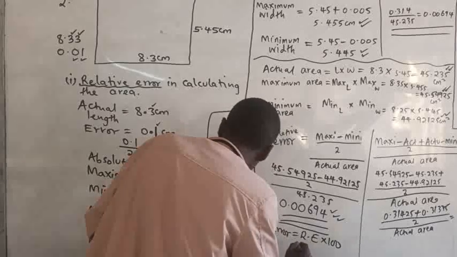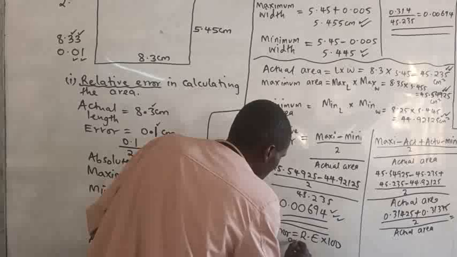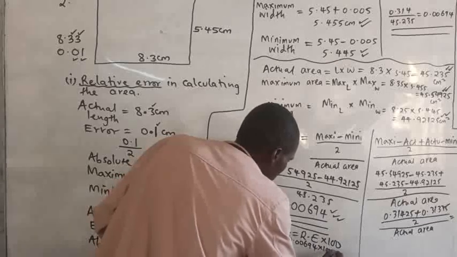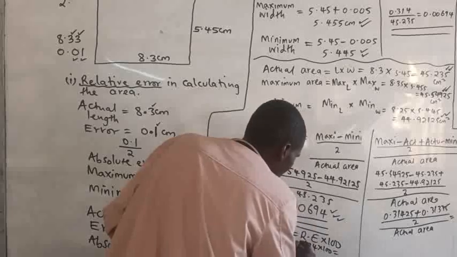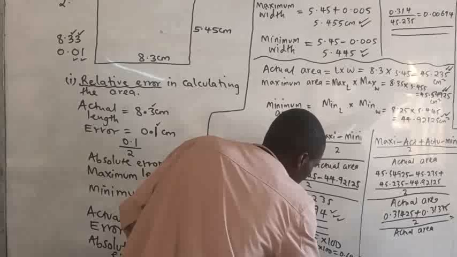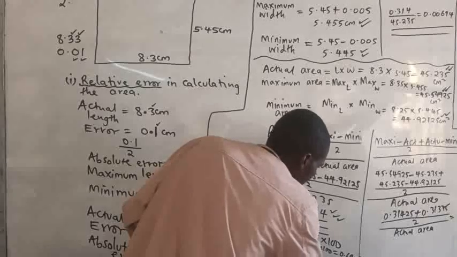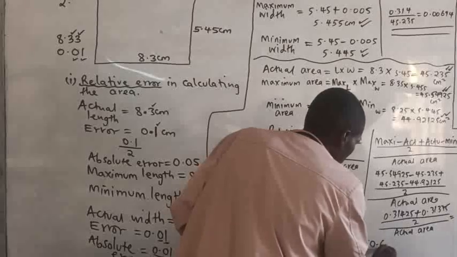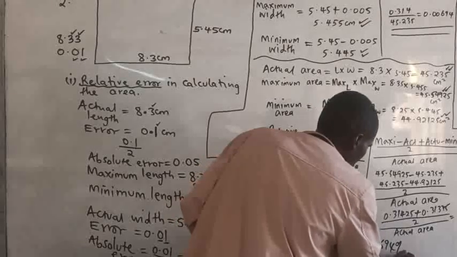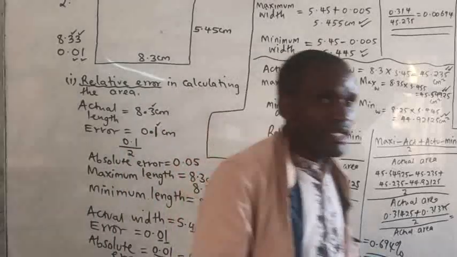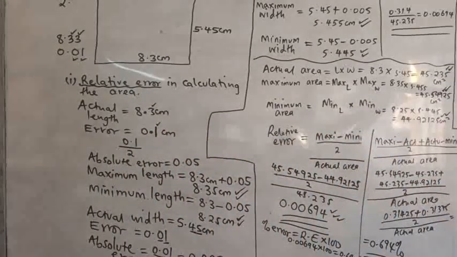That translates into 0.00694 multiplied by 100, which gives the result 0.694%. That is your answer: 0.694%. In terms of percentage error, that is the error in the area of that rectangle.